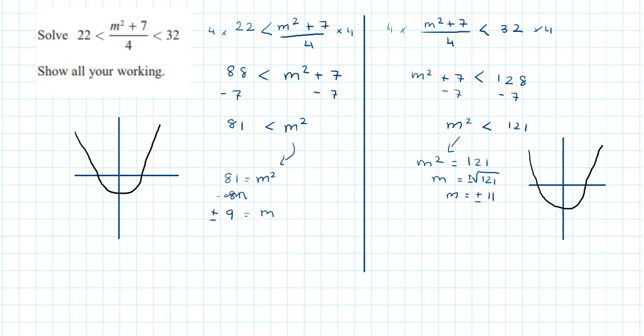It's a sketch, so it's a bit messy, but it says m is greater than. So I sketched the wrong part. I want this part: if it's greater than 81 it has to be above the x-axis. So then the inequality will be m is greater than 9 or m is less than minus 9.